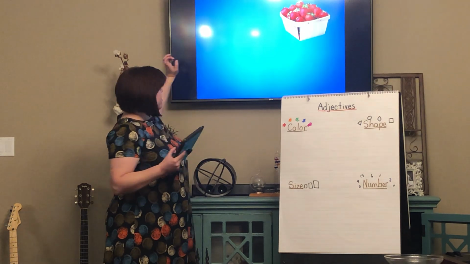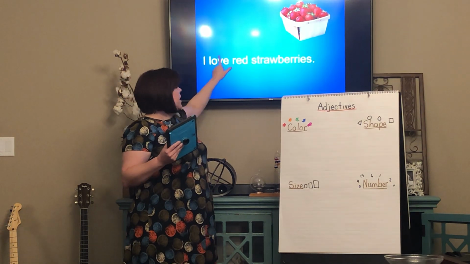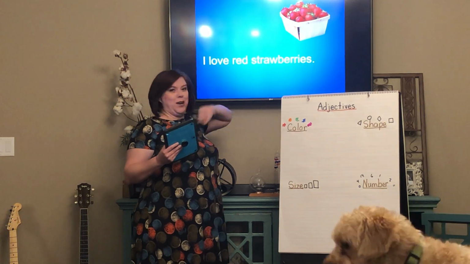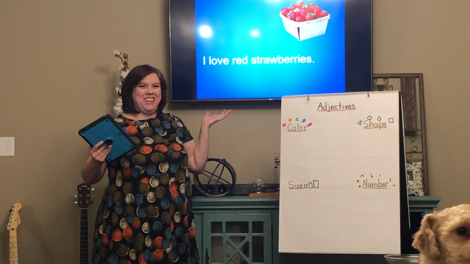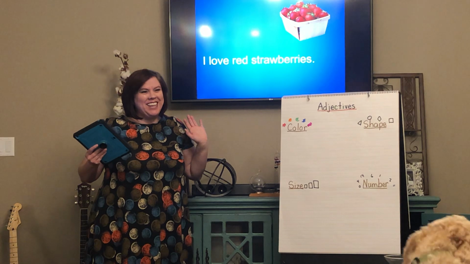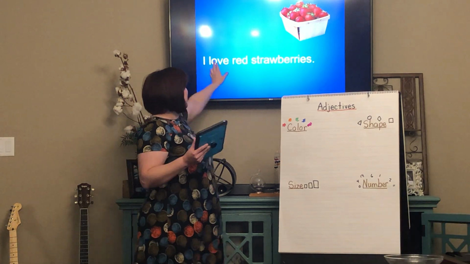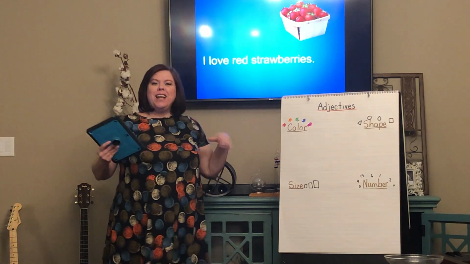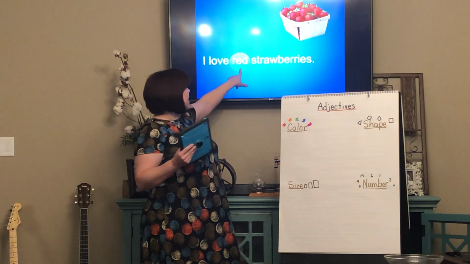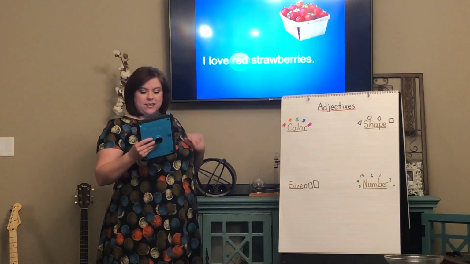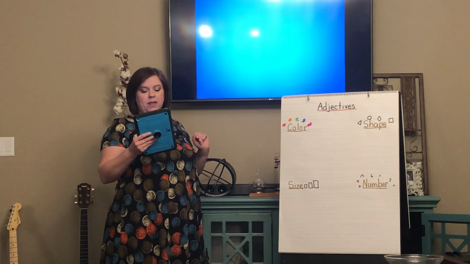The next one we have here is, I love red strawberries. I think my dog's in the video. Sorry about that. I love red strawberries. What color are the strawberries? That's right, they are red. So the word red tells us about the strawberries.